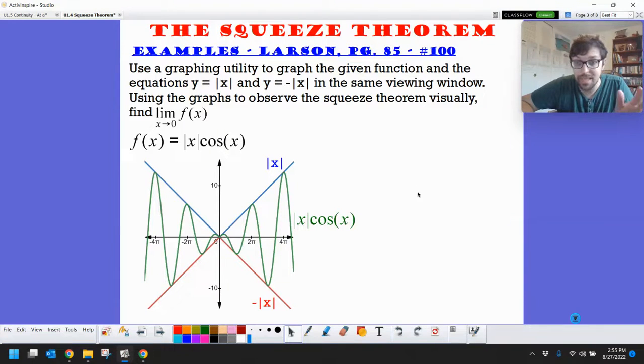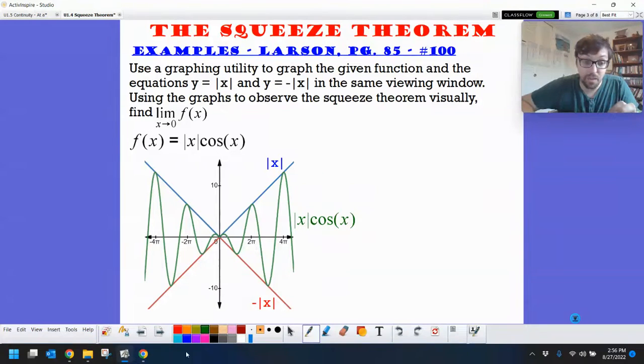If later it did, that's fine, but I'm only concerned about this area right here where x is 0, since it's stuck in between those two. The limit as x approaches 0 of the absolute value of x, and the limit as x approaches 0 of the negative absolute value of x, are both 0.